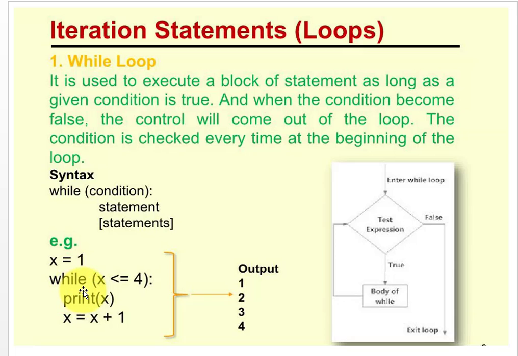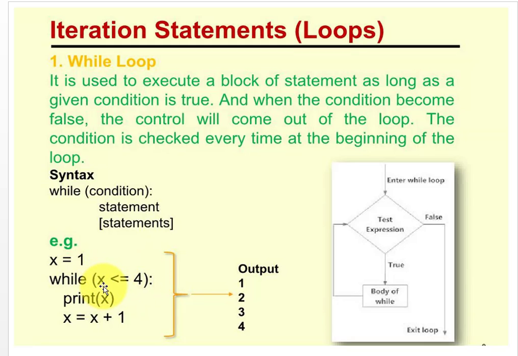Clear? Next, you put the while keyword. Then I want to print numbers up to 4, so I put the condition that the loop will run as long as x is less than or equal to 4. If that condition is true, your loop body will be executed again and again.